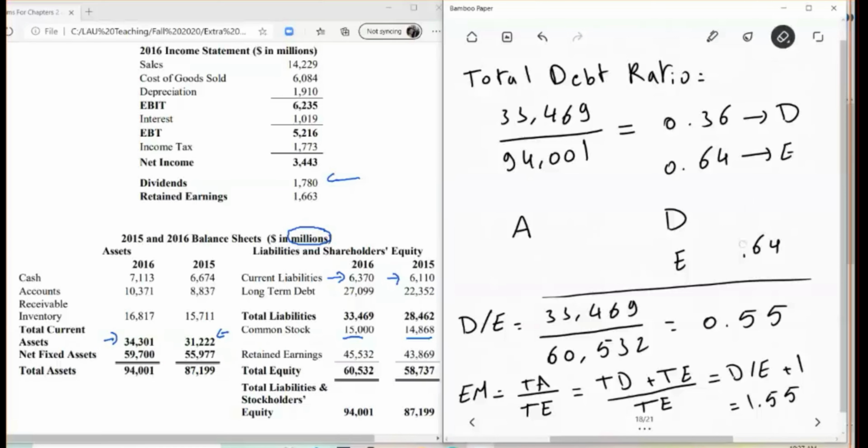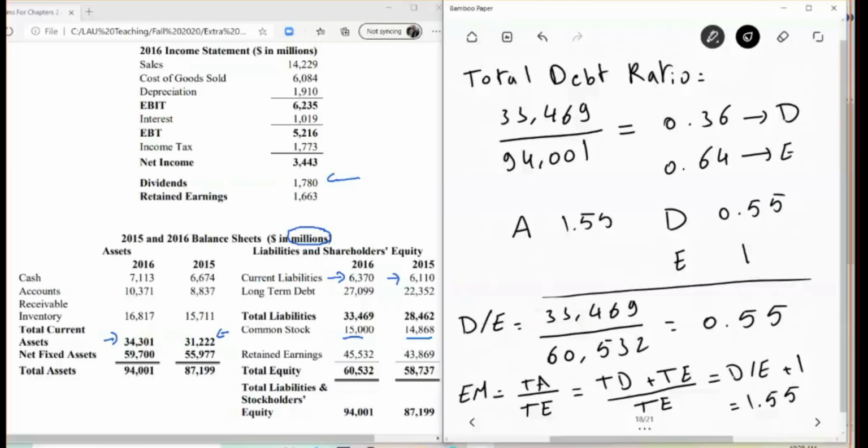Instead of saying that I have 36% debt, 64% equity, or 36 cents debt, 64 cents in equity for every $1 in assets, I can say that for every $1 in equity, I'm raising 55 cents in debt, and that will allow me to acquire assets with a value of 1.55.